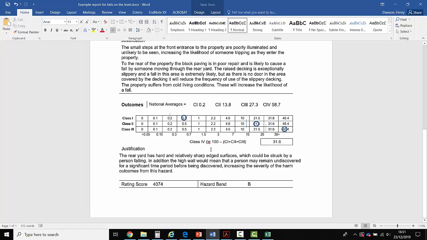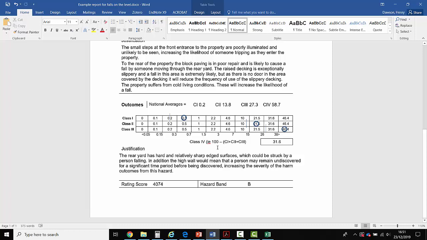However, in this case, there are relatively sharp and hard, unyielding projections and surfaces for people to hit if they were to fall in the rear yard of the property. Not only that, but because the rear yard of the property is surrounded by those high walls, it's quite poorly overlooked. As a result, someone could remain out there, possibly in cold weather, for a significant period of time before they were discovered following a fall.